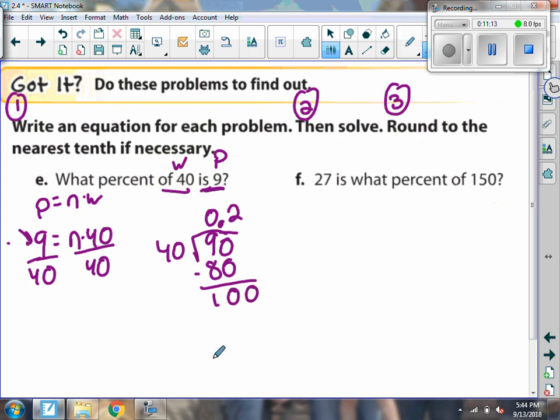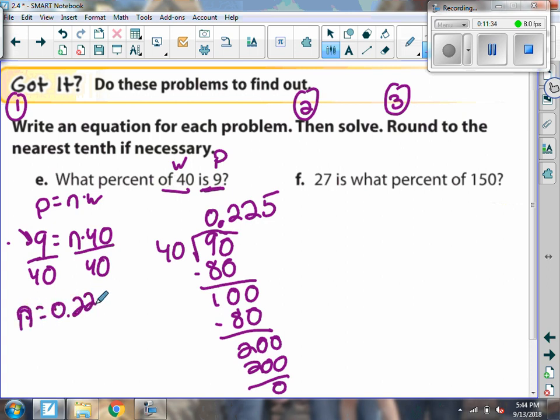So that's 100. 40 goes into 100 2 times. That's 80 again. And I add another 0. 40 goes into 200 5 times. Okay. So I have n is equal to 0.225.